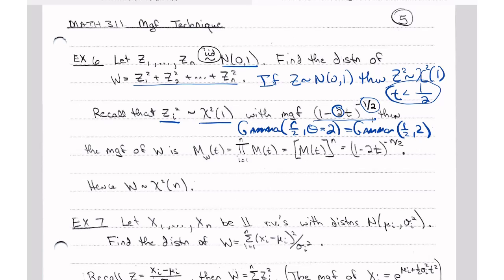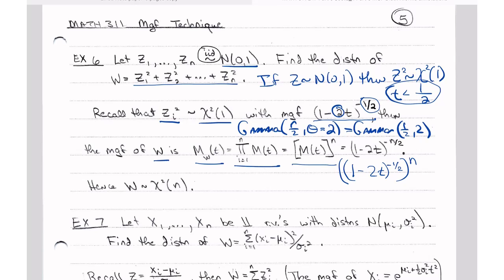So the MGF of W is m of w, and so we use our theorem, the product of m of t. They're IID, so we don't have any i's, so this is basically the corollary for the first theorem. And so this product is equal to m of t to the n, and so we take (1 minus 2t) to the negative 1/2 and raise it to the nth power.